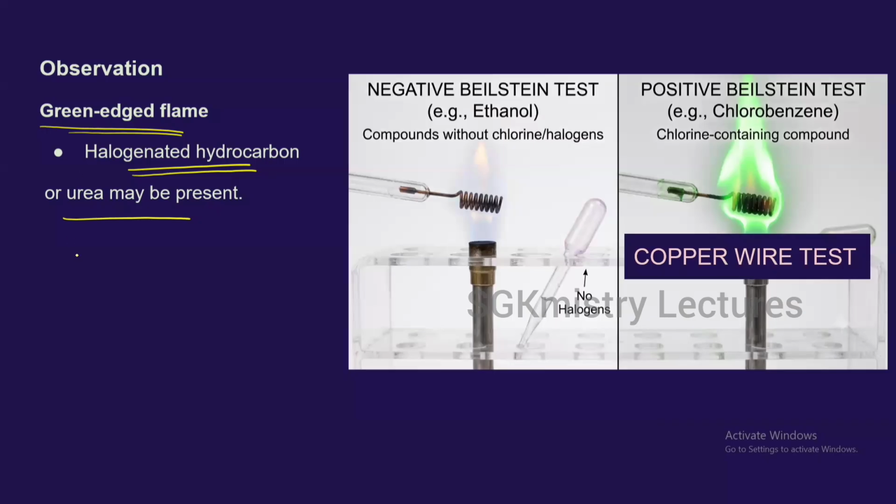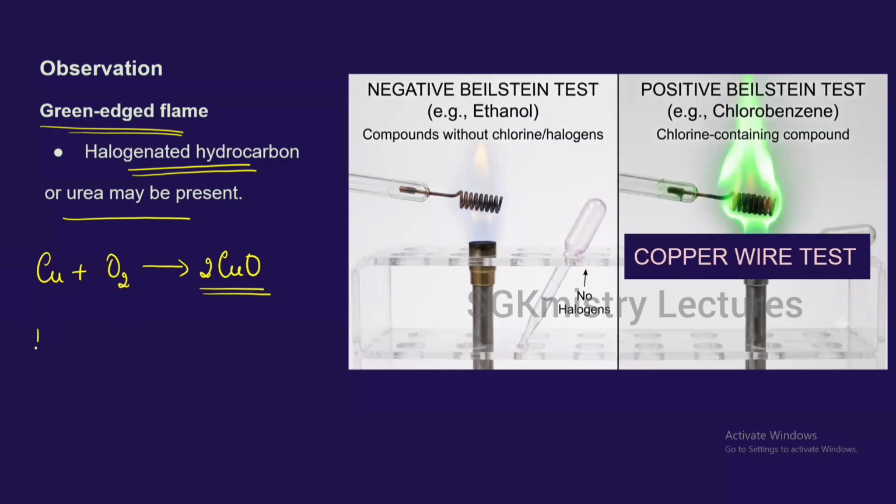As I already told you, copper first reacts with oxygen in the air. You heat the copper wire so that you get copper oxide. First, we need this copper oxide. Only if this copper oxide is present can it react with the halogenated compound to give the green edged flame.